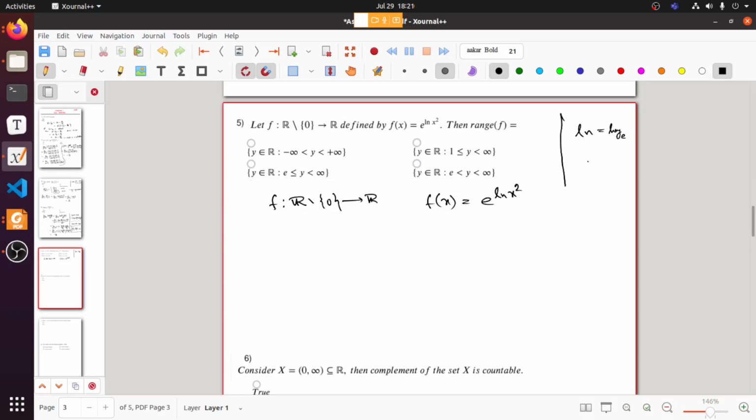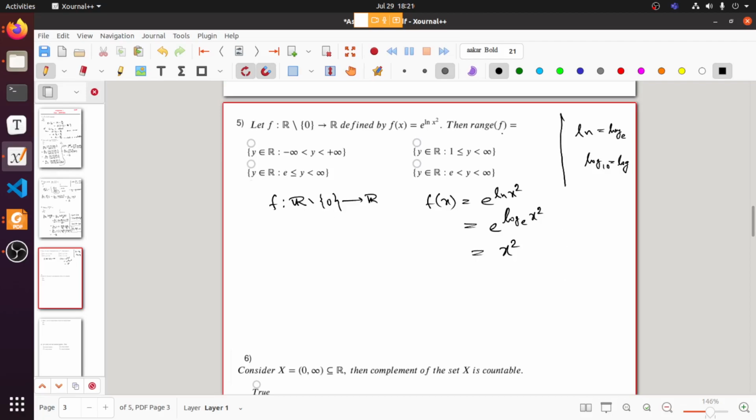So ln means here the base is e. So this is e to the power ln x square, and by the property of logarithm you can write it as x square, right? So f is basically x square on R minus 0.